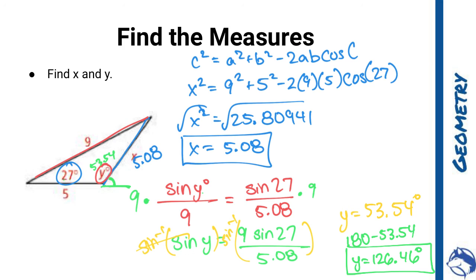So be careful, because obtuse angles are tricky for law of sines. We just have to be aware of that as we go forward. So anytime it's obtuse, remember it's just the linear pair.